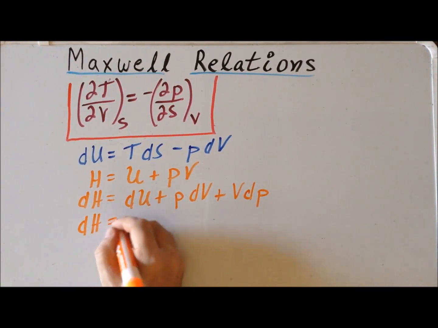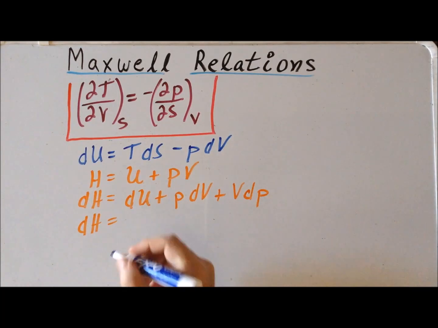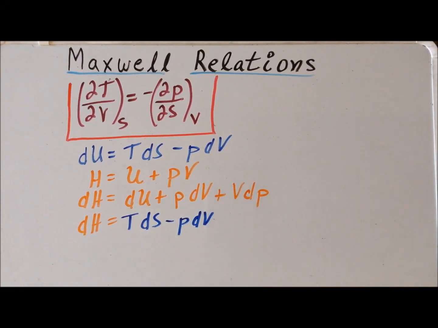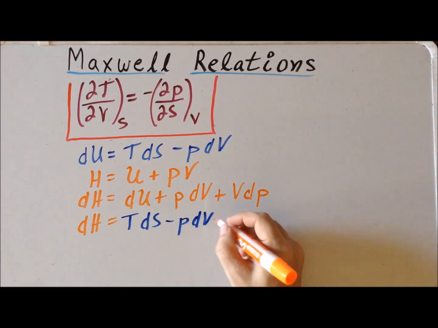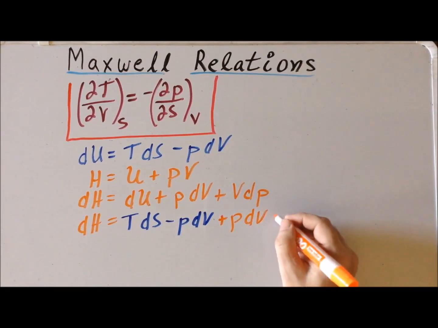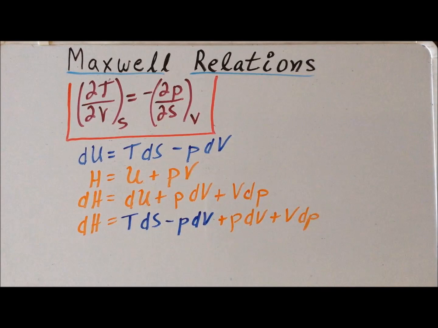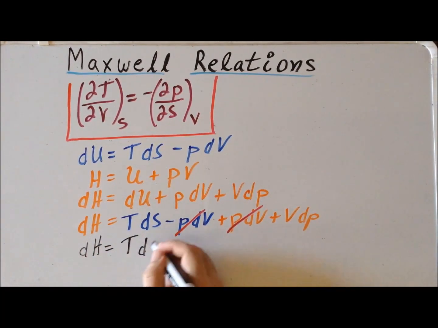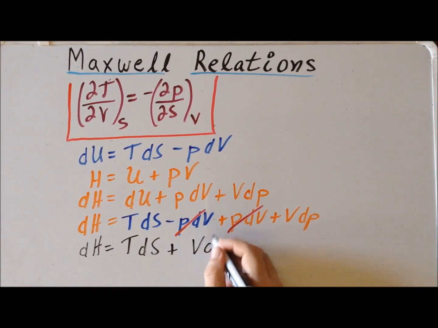So we'll show how that goes. And we notice that these two expressions cancel. So our expression for the differential of H here is going to be TdS plus VdP.